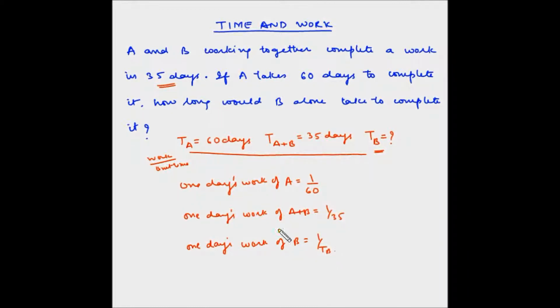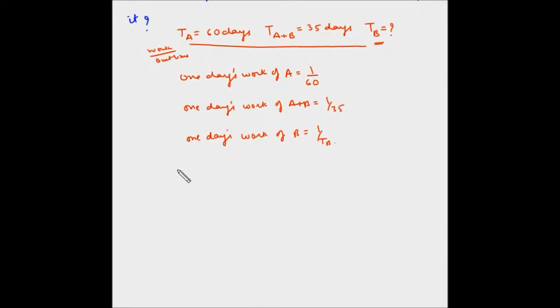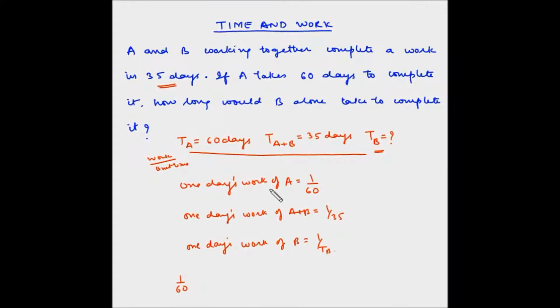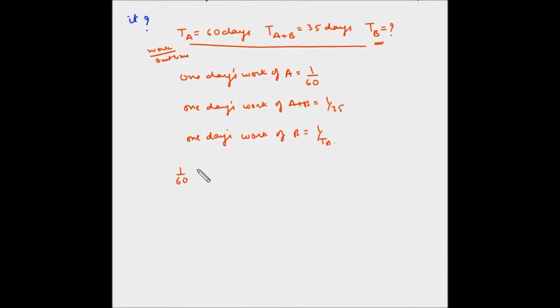So now we can easily say that 1 day's work of A plus 1 day's work of B is equal to the 1 day's work of A plus B that has been given to us. So here we can do 1 by 60, which is 1 day's work of A, plus 1 by TB is equal to 1 by 35.